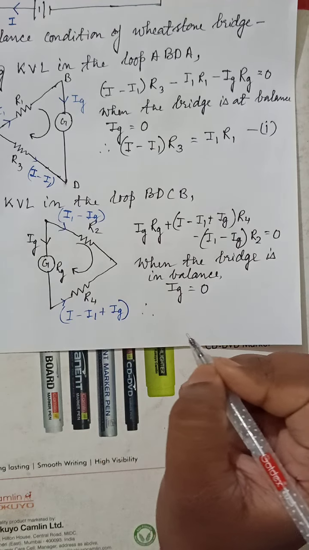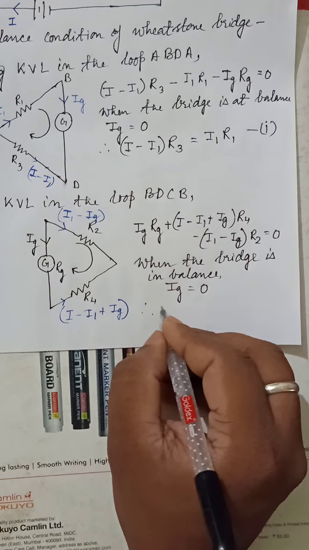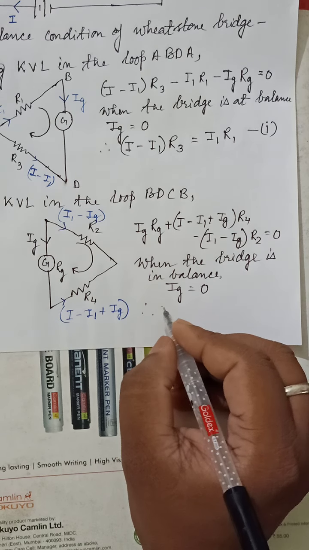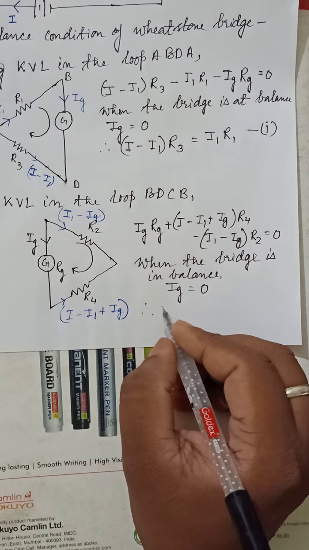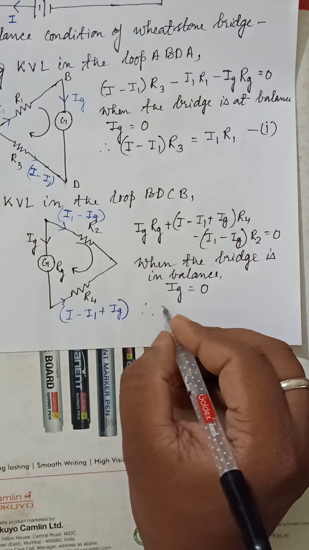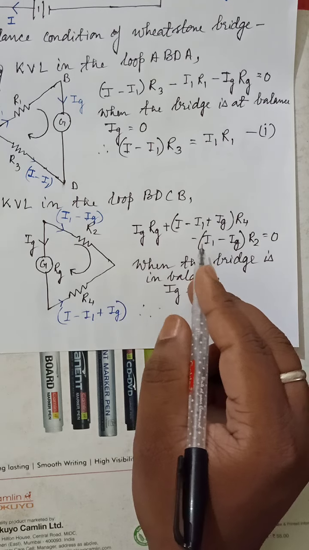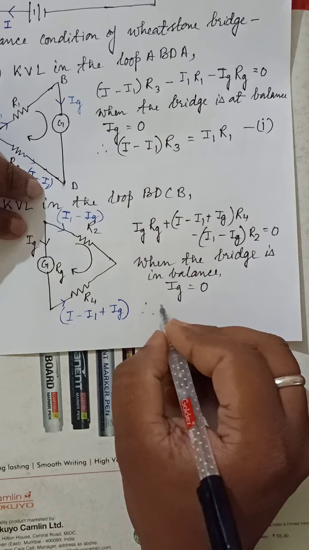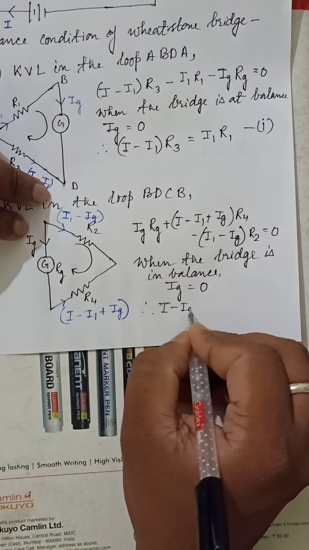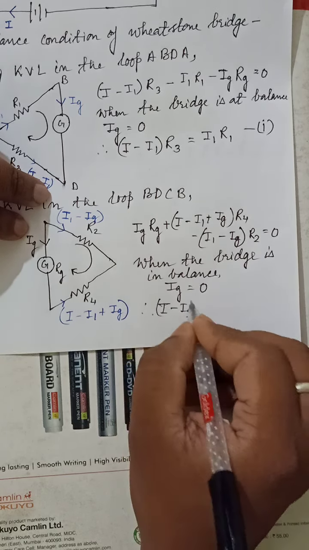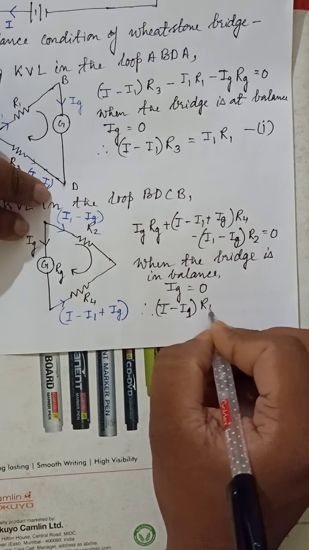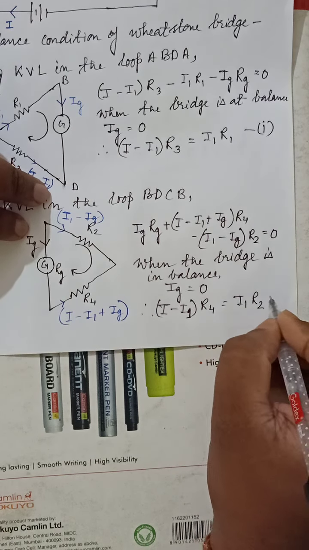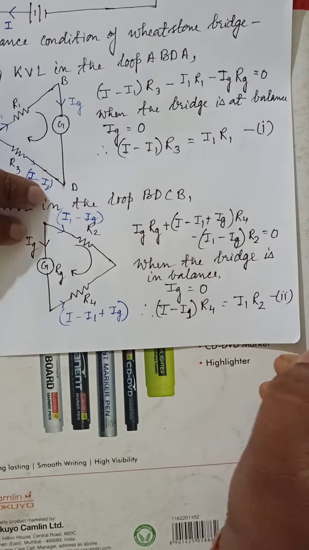Therefore, instead of Ig we can write zero, and we get I minus I1 into R4 is equal to I1 into R2. This is equation 2.